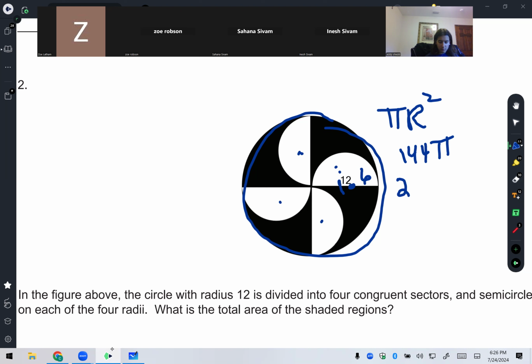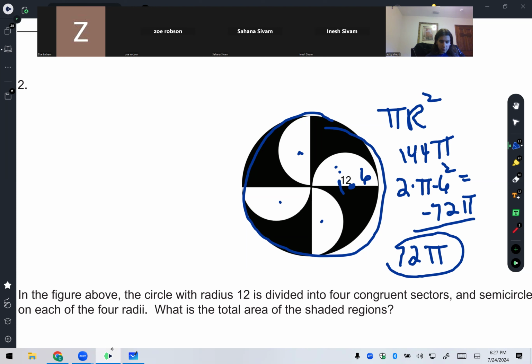So 2 circles times pi times 6 squared would be 2 times 36, or 72 pi. And so if I subtract that from 144 pi, 72 pi would be the shaded region.